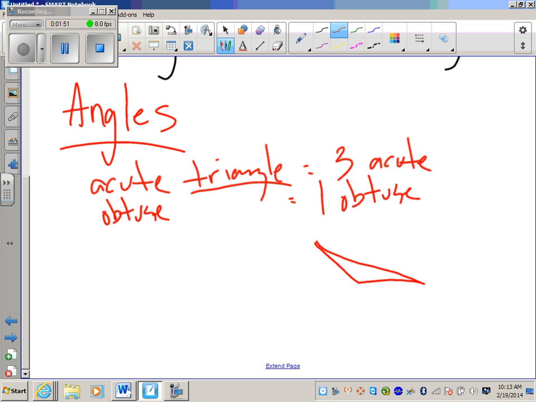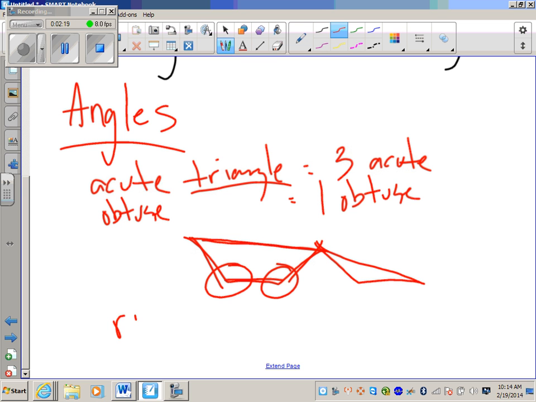I can't have an obtuse angle and another obtuse angle. If I draw a line that connects them, do I have a triangle? No, it's not a triangle anymore because it has 1, 2, 3, 4 sides. So it's only possible for it to have one obtuse angle.